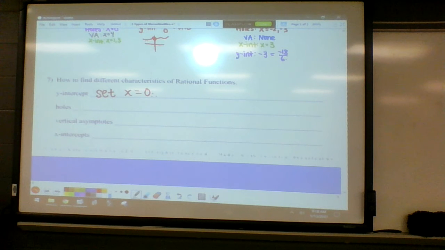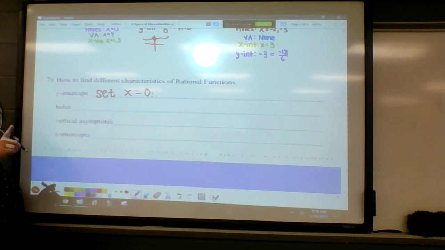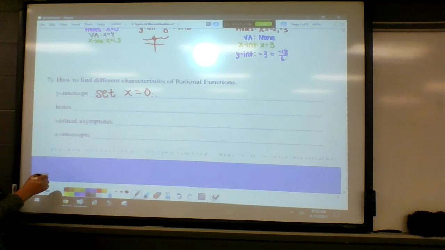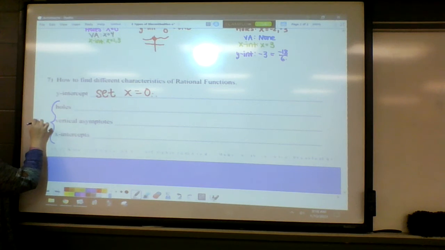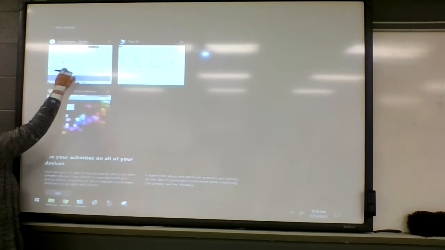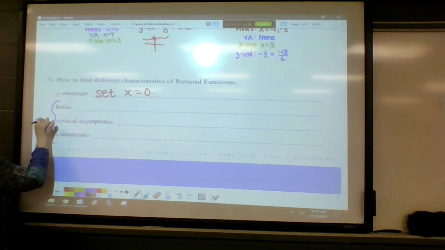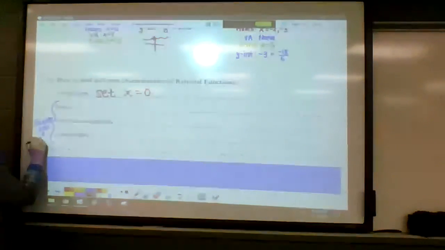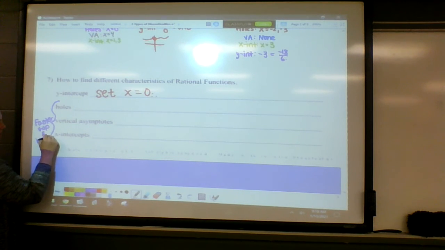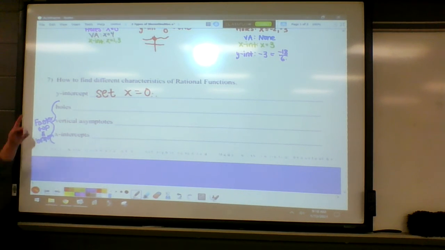How do you find holes? Right, so you have matches in the numerator and denominator, right? The first thing that you have to do, though, to find these things is you have to factor, right? So maybe in the front, put that factor top and bottom, and once it's factored, then you can go ahead and say what these are.